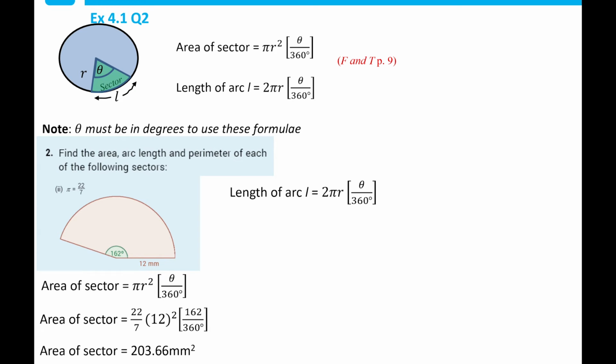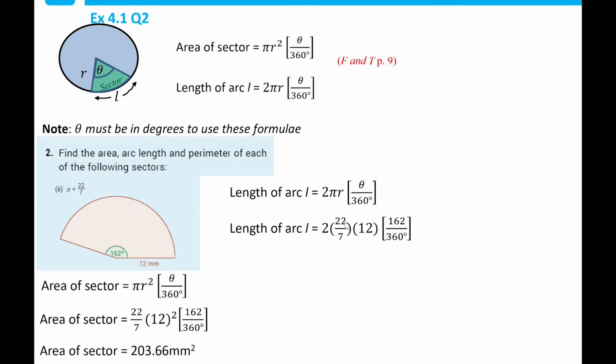In part 2, we're asked to find the arc length of the sector. Let's write down our formula for the arc length. That's 2 pi r times theta over 360. This is equal to 2 times 22 over 7 times 12 times 162 over 360.